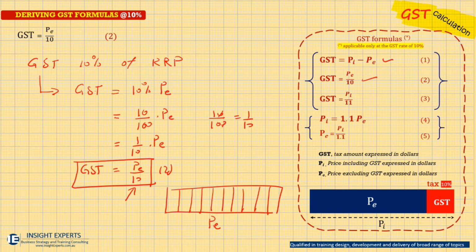The taxman is telling the retailer, I want you to take one part, and then add it on top, and that becomes the GST amount, and I want you to give it back to me. I don't want to take anything from the retailer. I actually want you to give me 1/10 and put it on top of the retail recommended price and call this the GST amount, which you have to pay back to the taxman. So that's what GST formula number 2 implies. It means that the taxman wants 1/10 of the price excluding GST.